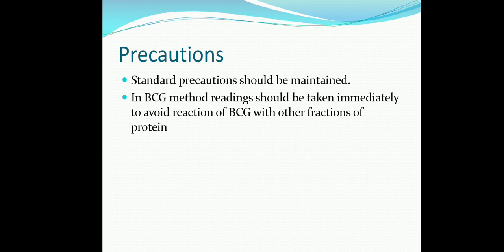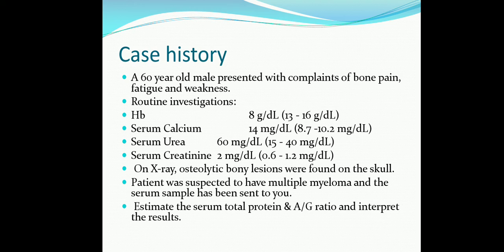This ends the experimental part. Here is one case history. A 60-year-old male presented with a complaint of bone pain, fatigue, and weakness. Routine investigations: Hb was 8 gram per deciliter, that is below normal.